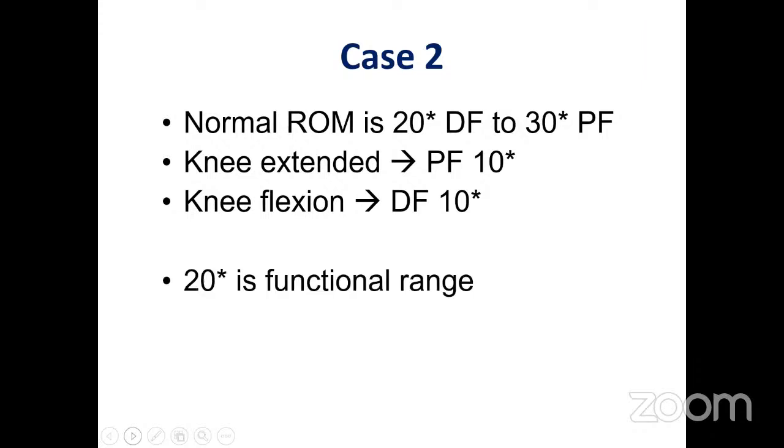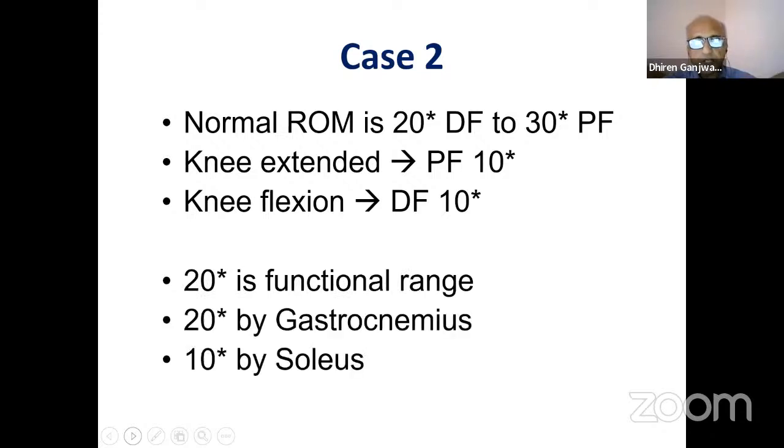Very good. Both are short. There is a 20 degree functional range, but 20 degrees by gastroc and 10 degrees by soleus. Again, I'm not trying to say that we need to quantify, but this is very important, because when we carry out a surgery, this is going to help us in how we should proceed.